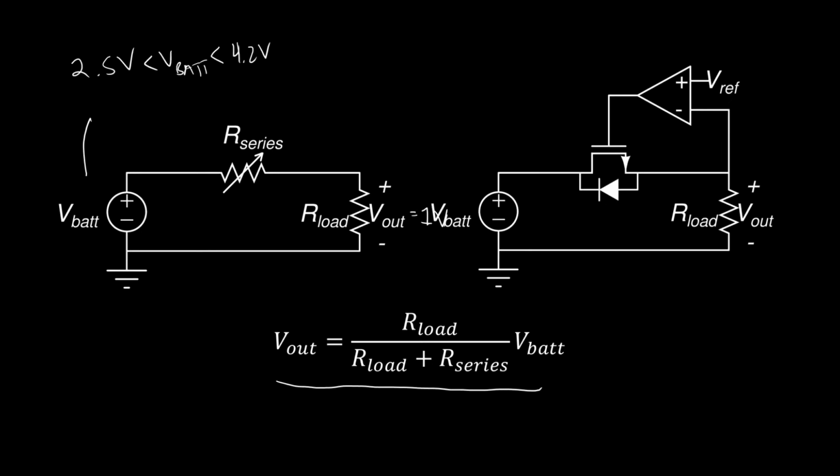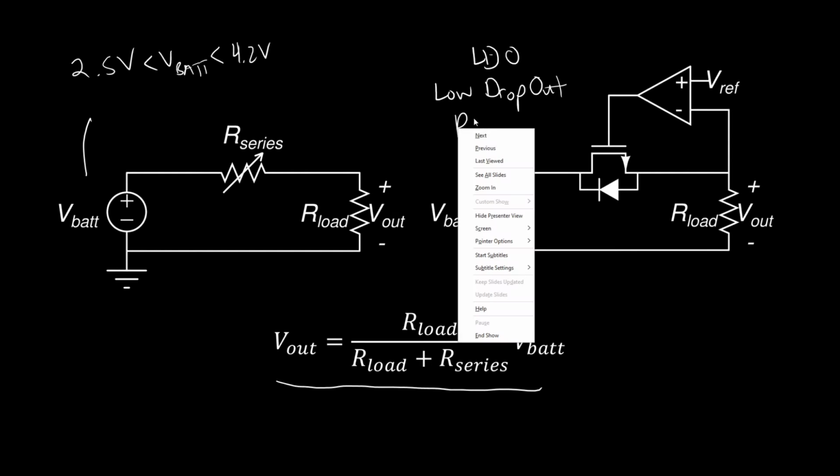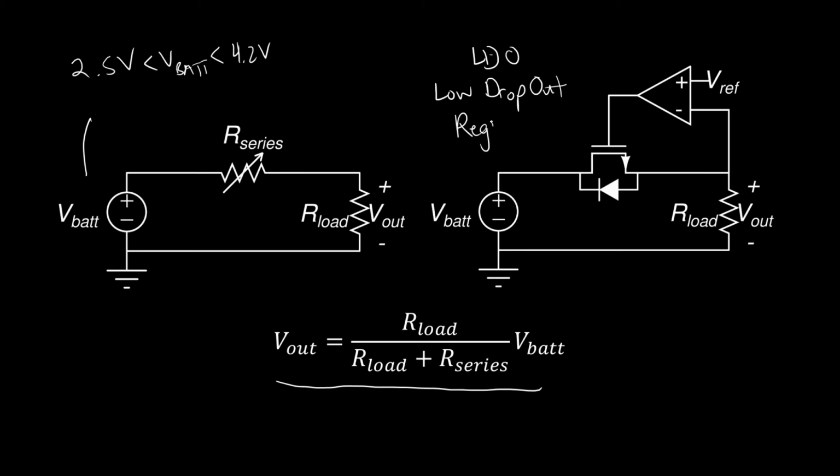But typically what people do is they use something called an LDO. And I'll just erase this because you can't see the full thing. So they use this thing, which is called an LDO, a low dropout regulator. In a low dropout regulator, we're using a transistor as a variable resistor.